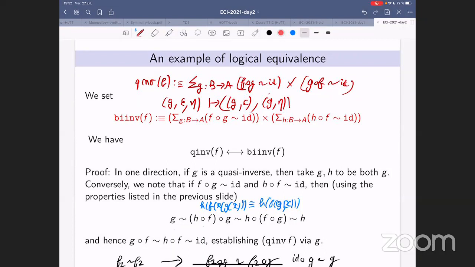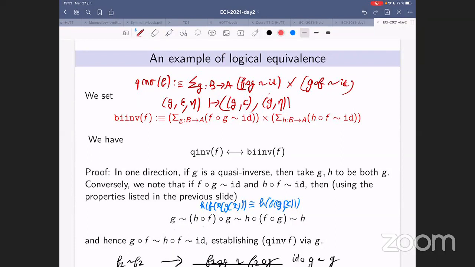So it takes data in biinv f, which is a quadruple of a g, an epsilon, an h, and an eta, and does something and returns an element.